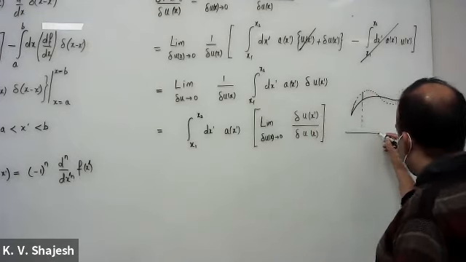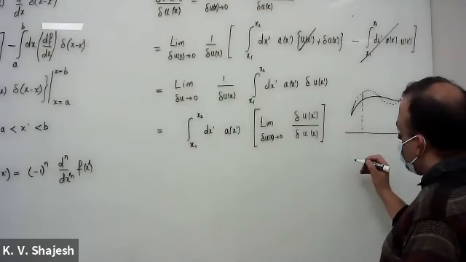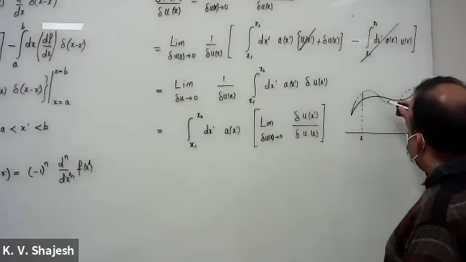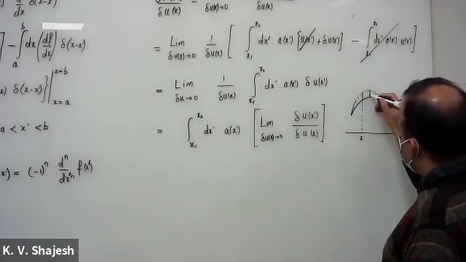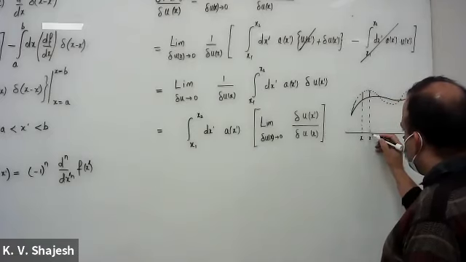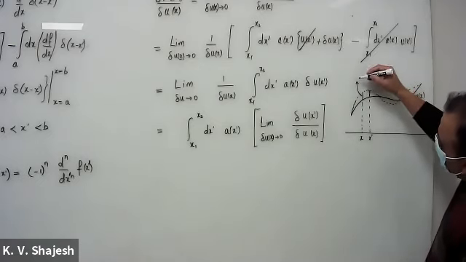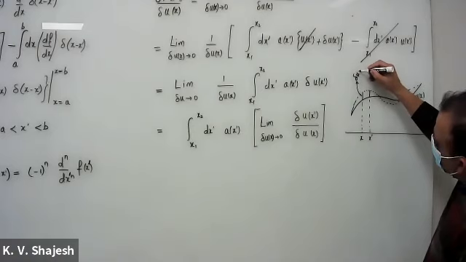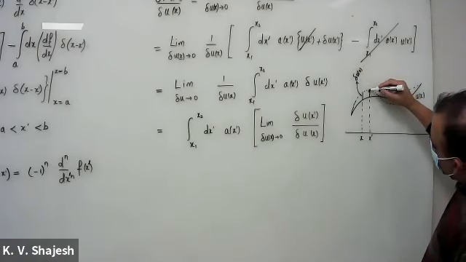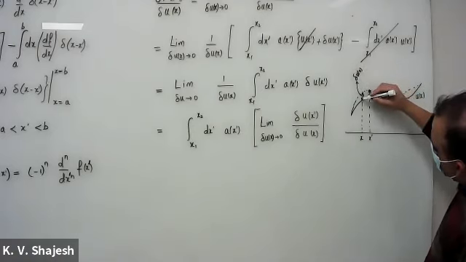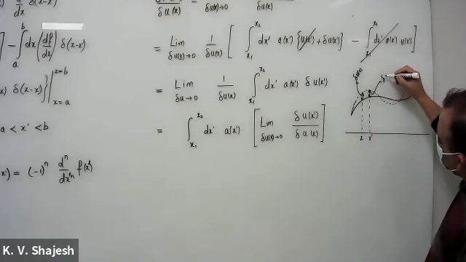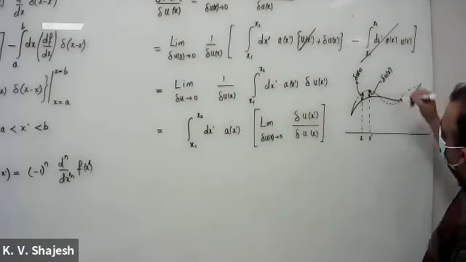So let me say this is x, and there is an x prime somewhere close by. It doesn't have to be close by. This quantity here is the change in the function at x, and this change here is the quantity delta u of x prime.